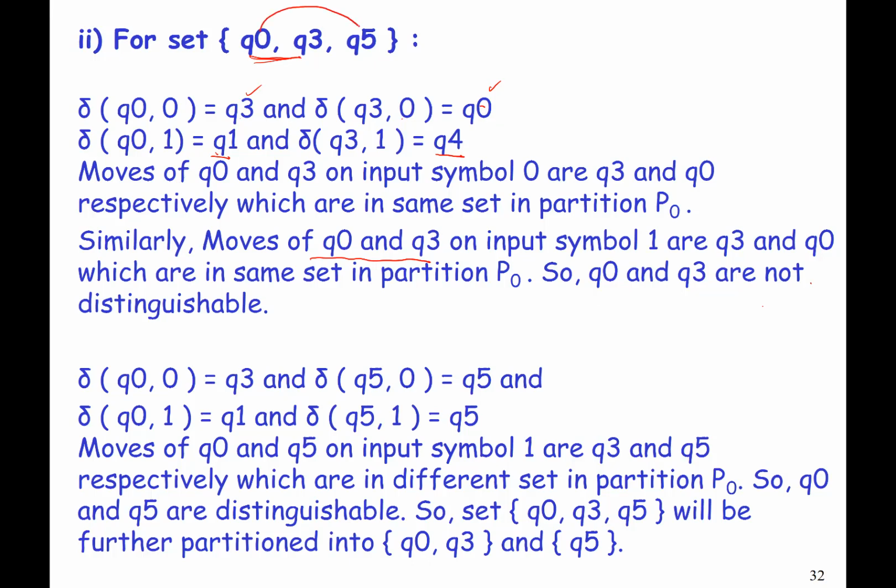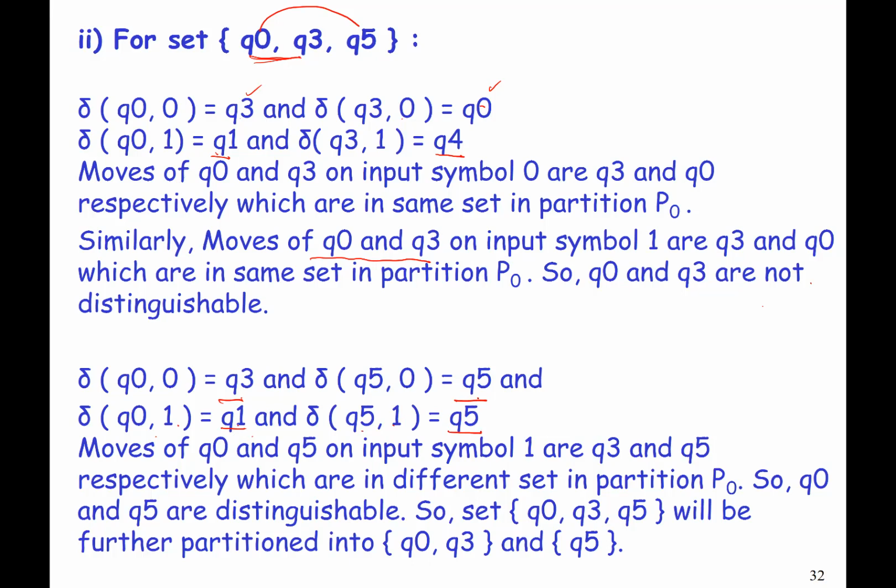So Q0 on a 0 goes to Q3, Q5 on a 0 goes to Q5. Q3 and Q5 are in the same partition, so it's okay. Q0 on a 1 goes to Q1, Q5 on a 1 goes to Q5. So it goes to Q1 and Q5, which are not in the same partition.